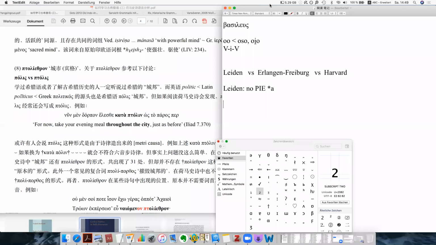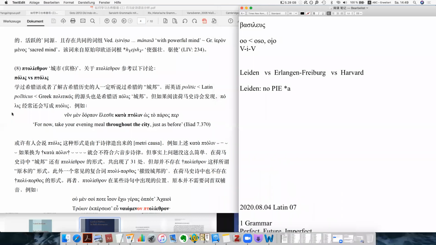So this point, so actually in Greek, for polis, which we have just explained, there's a variant called ptolis, and not only for polis, for city, but also for like polemos, like war. We have polemos. It's the name.